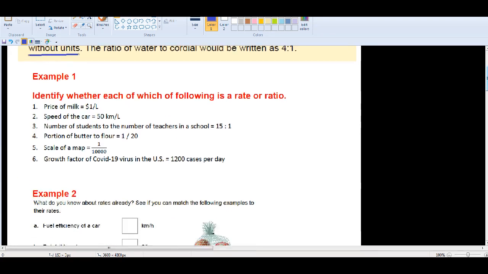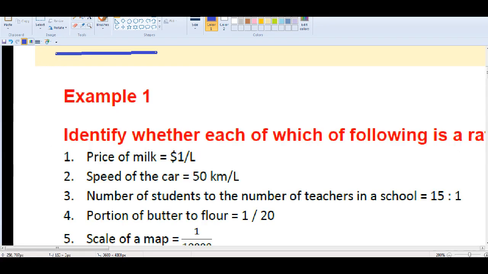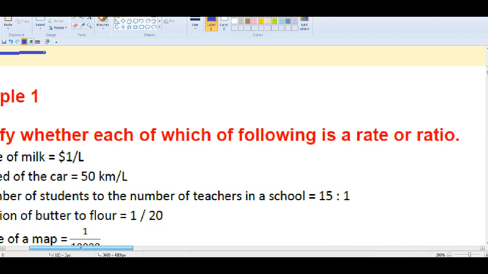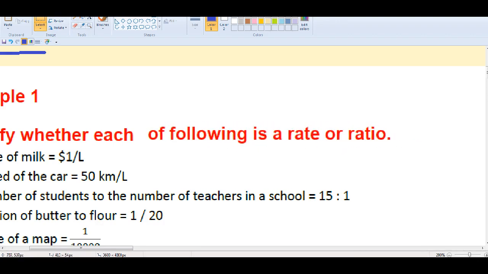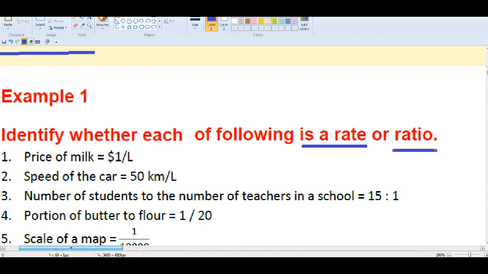All right, so the first question we're going to see is: identify whether each of the following is a rate or a ratio.